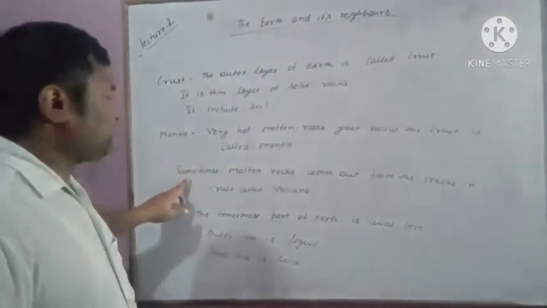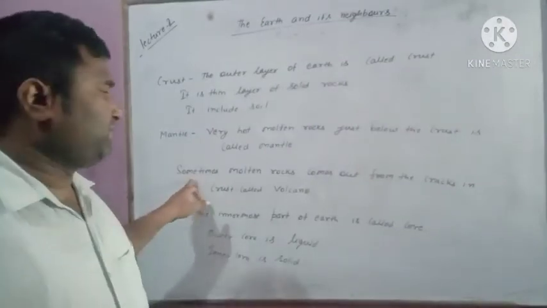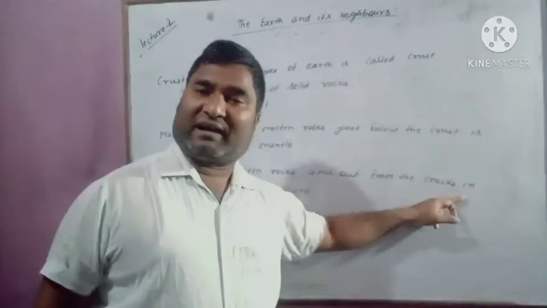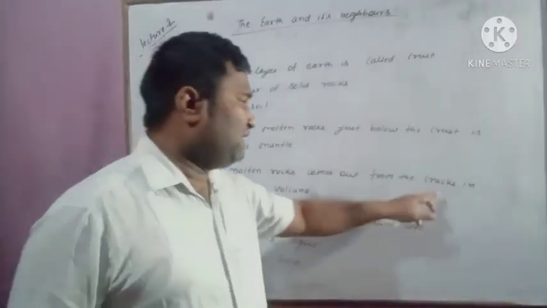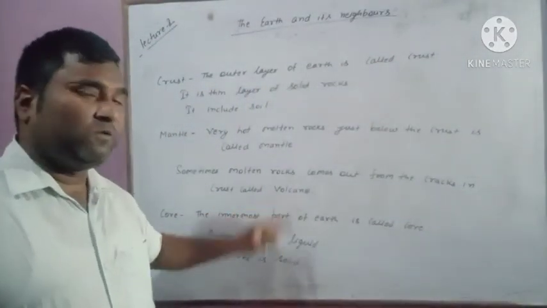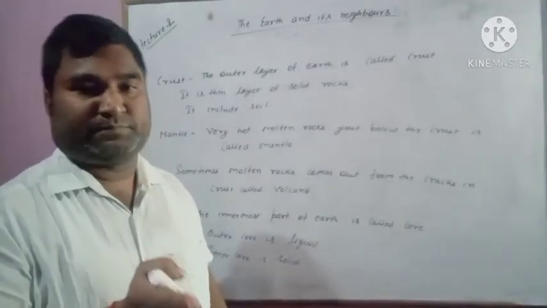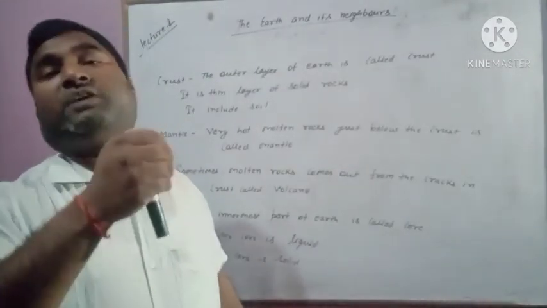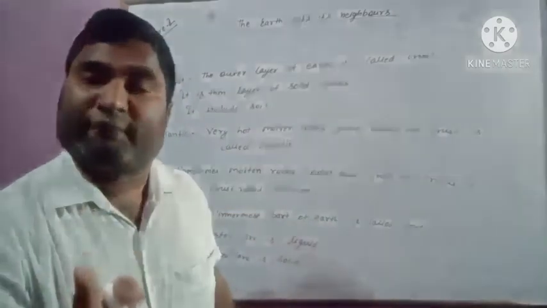Okay, sometimes this molten rock, means mantle, comes out from a crack, means a break in the crust, called volcano. What is volcano? Crack in the crust through which the molten rock comes out is called volcano.